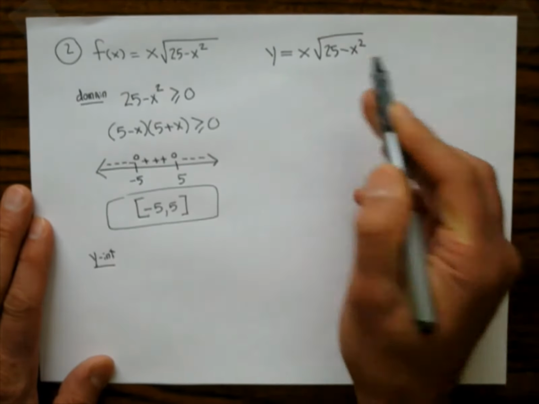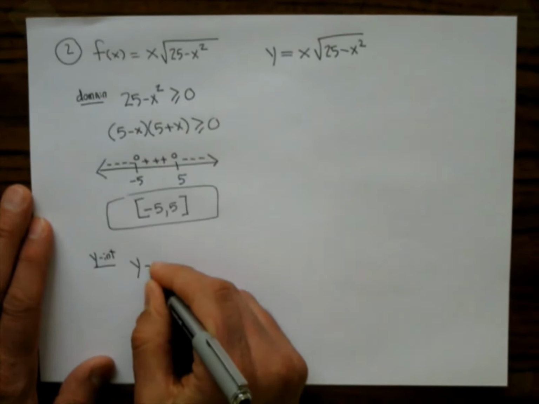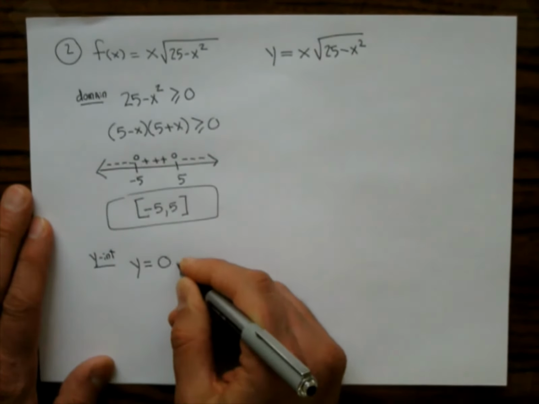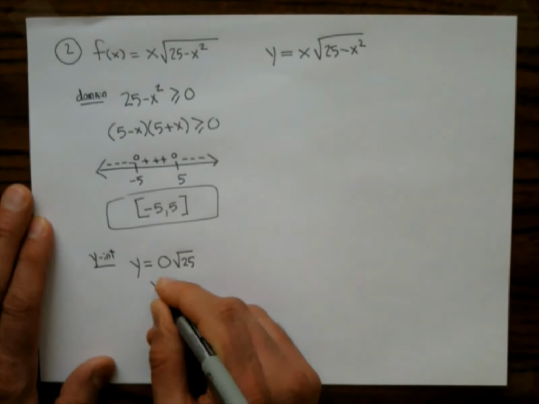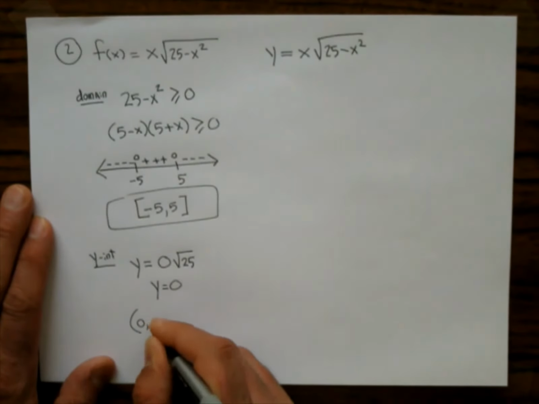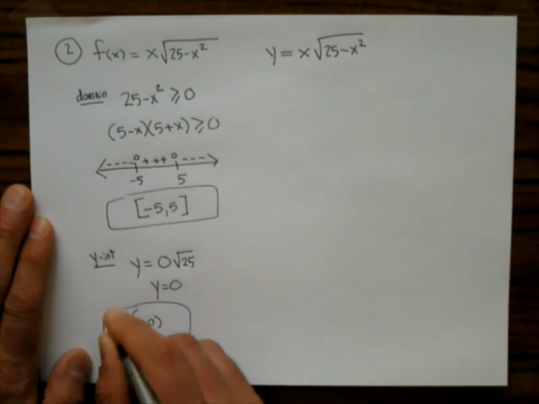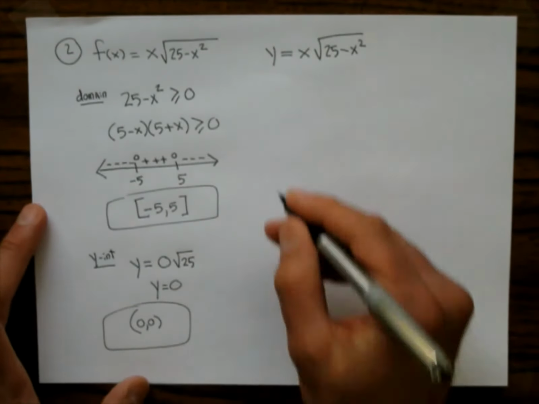So to find the Y-intercept, I set x equal to 0, and I get 0 times the square root of 25, and it doesn't really matter what the square root of 25 is because this is 0, so the Y-intercept is 0, 0. It's not always going to happen that way. I guess I just picked some examples where it did.